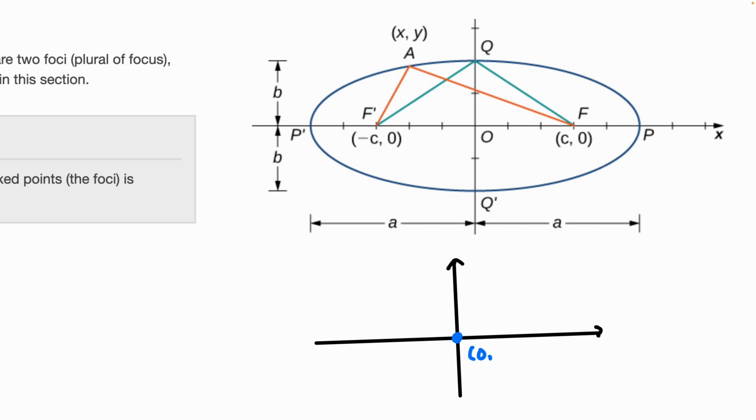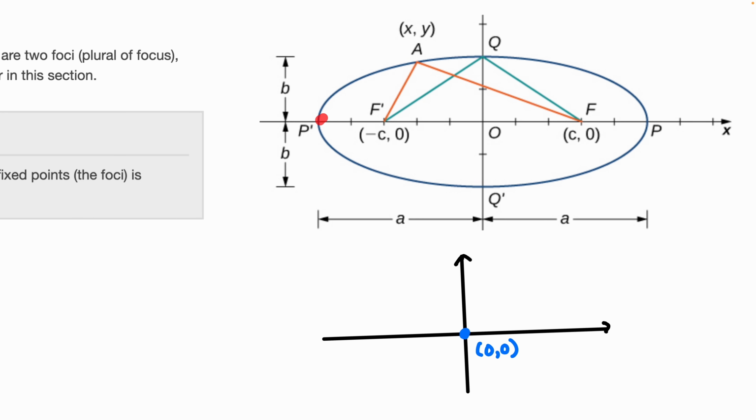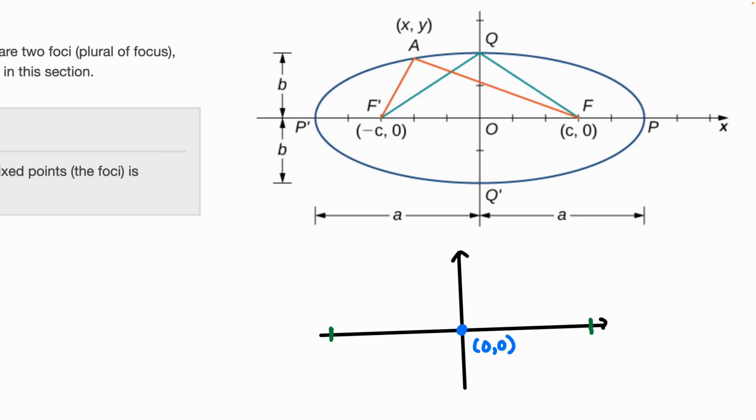They call it O for origin. Then let's go here and here, the vertices. Let's go over there and over there. And we can see that from the y-axis, we want to move a to the left and move a to the right. So I'll call that x as negative a and x as positive a.